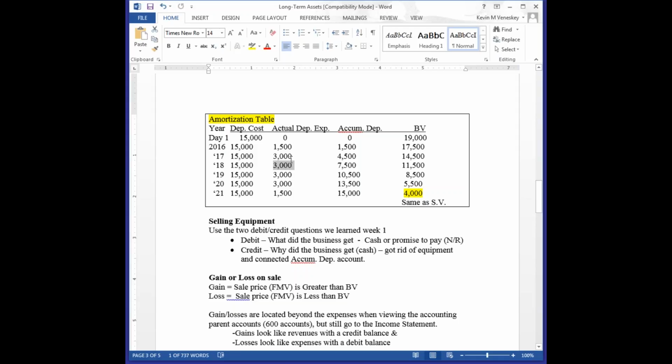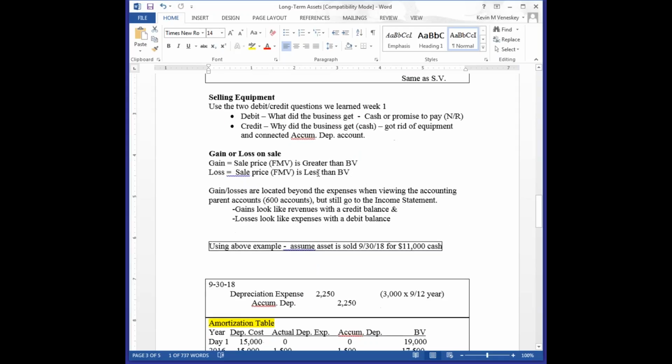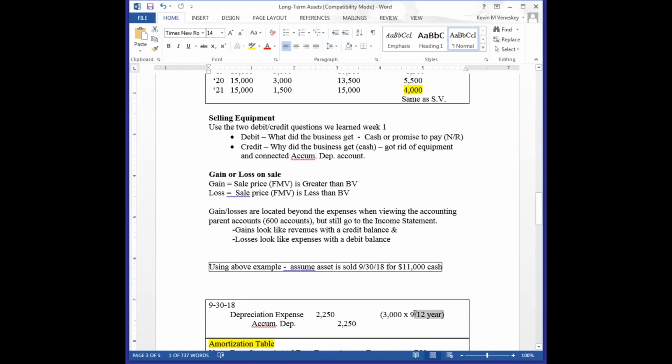So instead of having it the entire year, 3,000, I want to show how long I actually had it. I only had it 9 months out of 12. So 9/12 or 3/4 of the full year's amount, 3,000. I need to show a depreciation entry on the day of sale or the day before of how much I used it for that year.